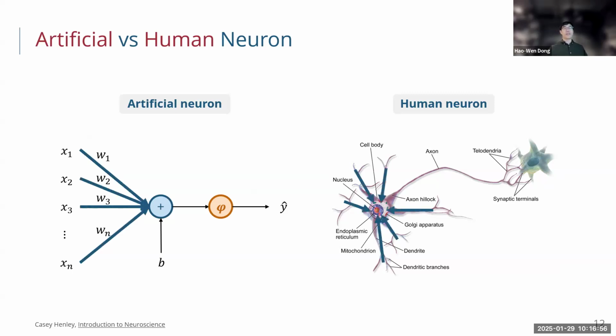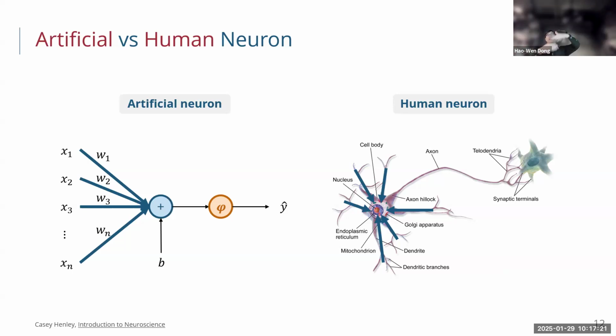But basically they act with the same function. It aggregates different values or different information from anything connected to that particular neuron, and they do some computation inside it. For an artificial neuron, we just add stuff up. But for a human neuron, it does sort of the same thing.